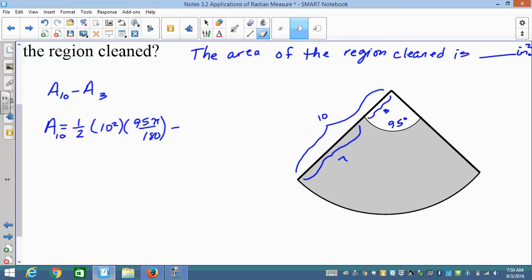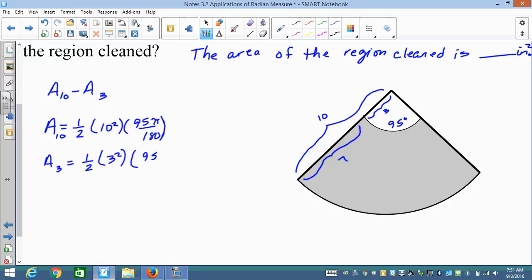Let's not put that minus on there yet. And the area of the 3 is 1/2 3 squared, same angle, 95 pi over 180.